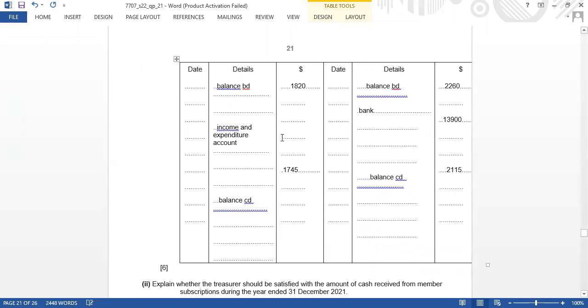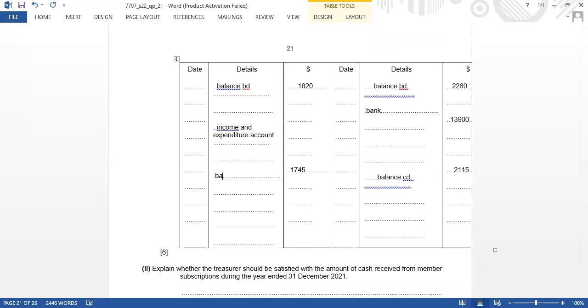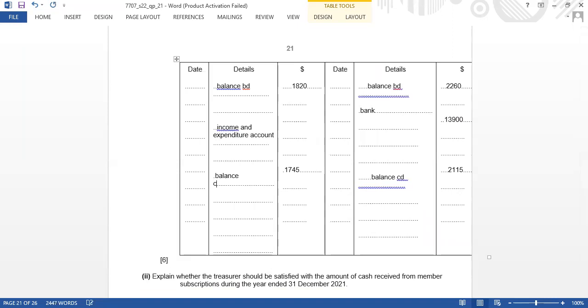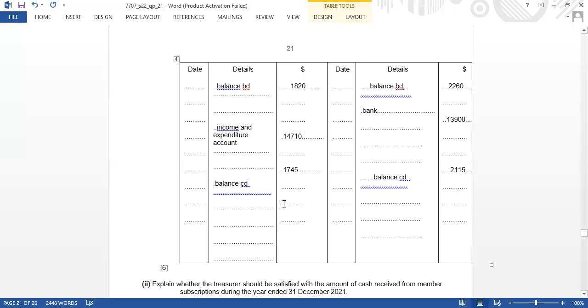That will be 2260 plus 13900 plus 2115 minus 1820 minus 1740. Okay, will give us 14710. Now the totals are 18275.